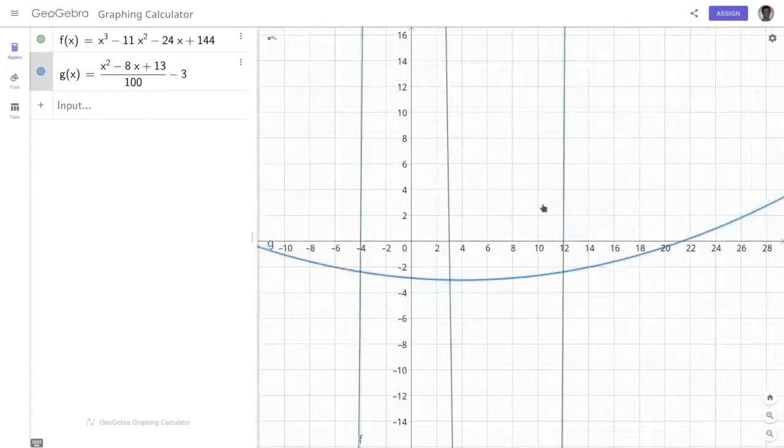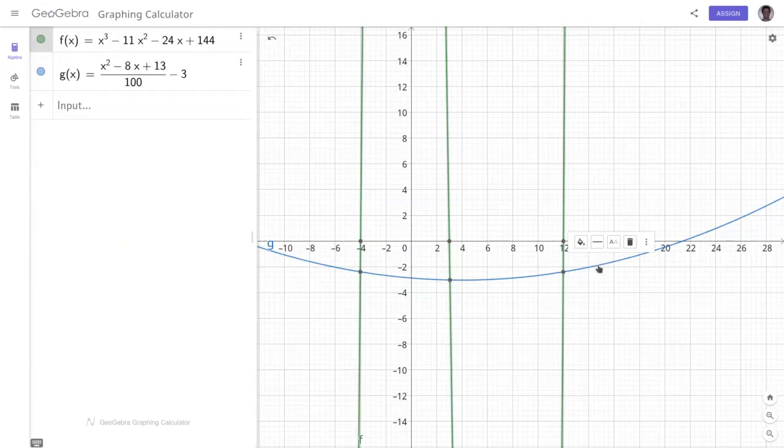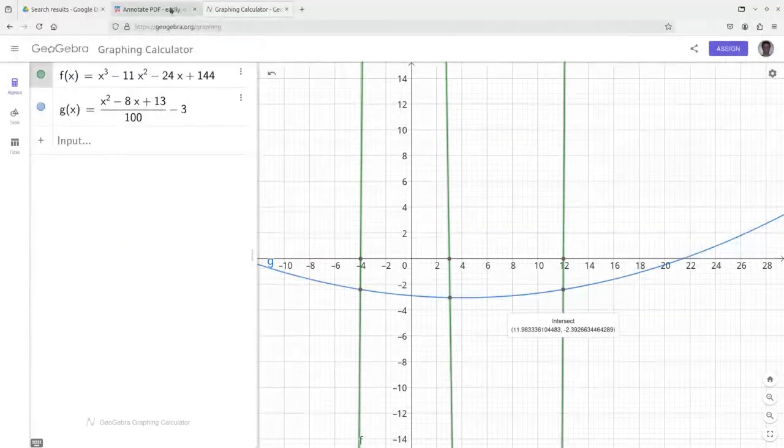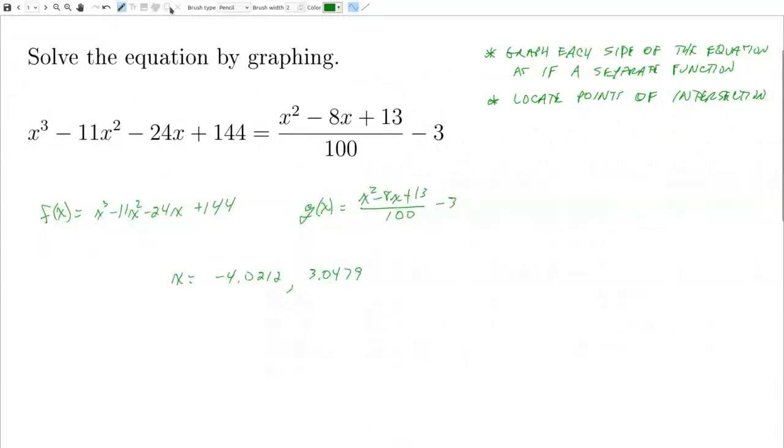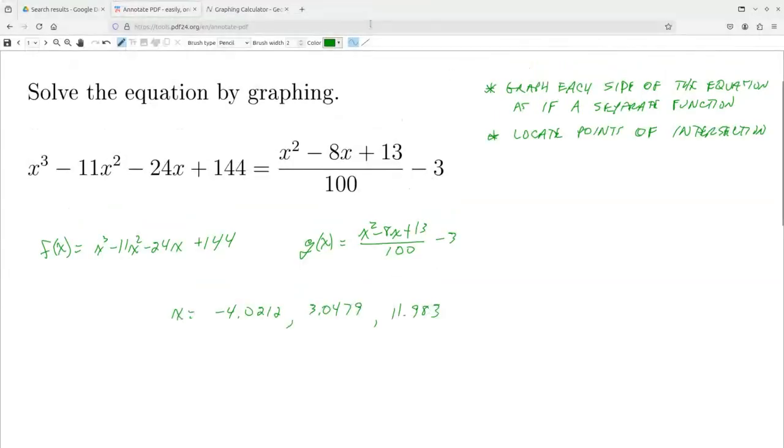So sometimes you need to zoom in, zoom out, do a little panning, and if I click again here at the intersection, I get another one. This one's at 11.983. So let me record that one, 11.983.